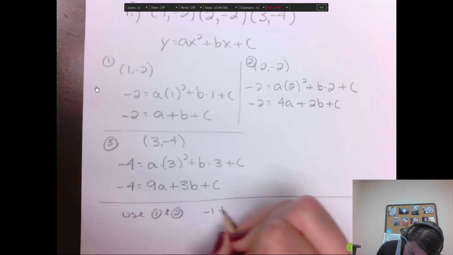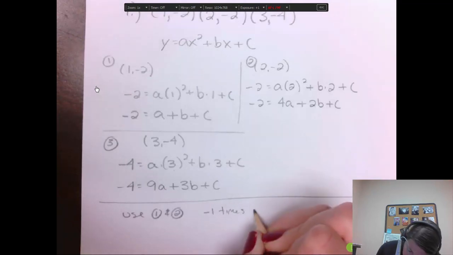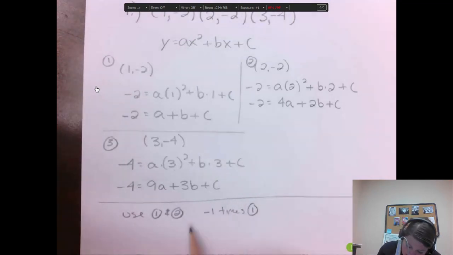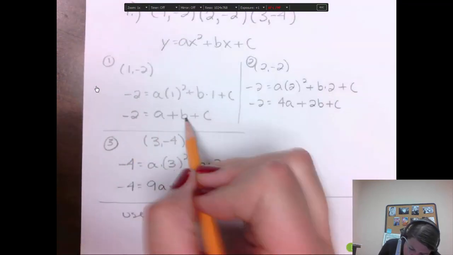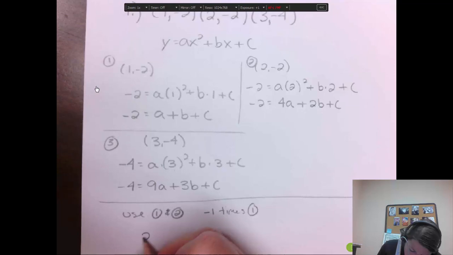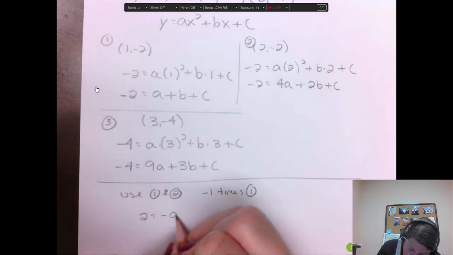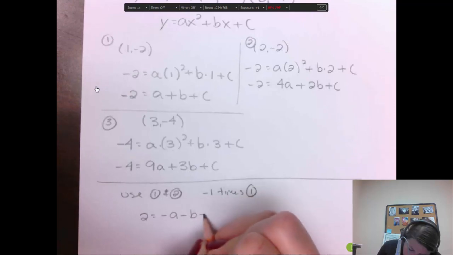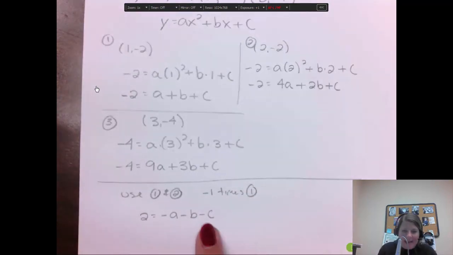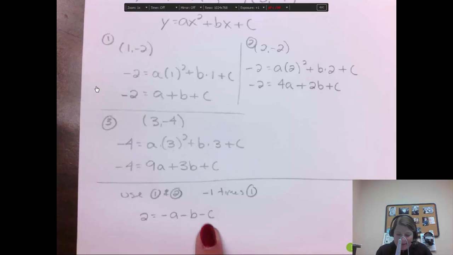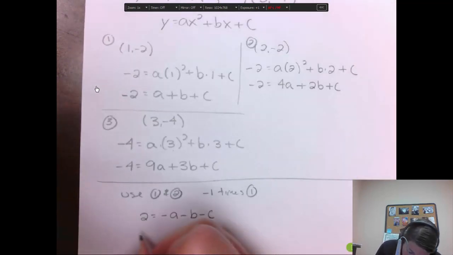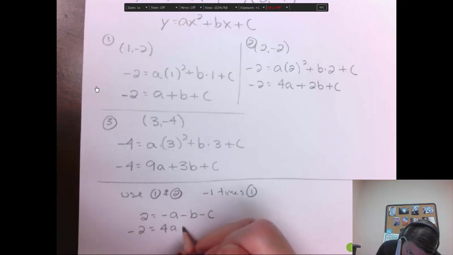I'm going to multiply equation 1 by -1, so it changes its sign. It becomes 2 equals -a minus b minus c. So I changed all the signs on number 1. Then I'm going to write down number 2, which is -2 equals 4a plus 2b plus c.